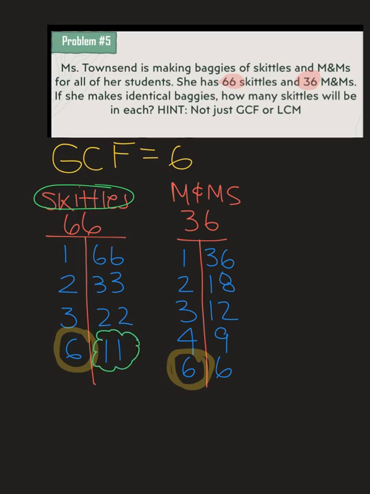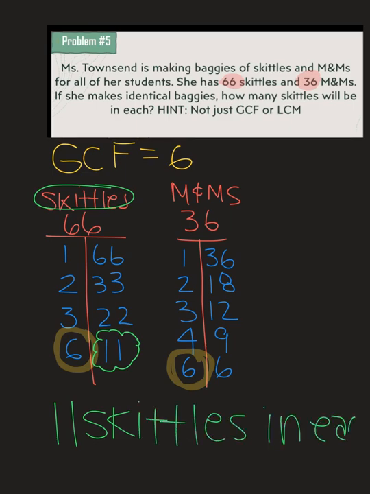And when we look at it, we'll see the number 11. So what does 11 mean? 11 tells us that in each bag, there's 6 total baggies, there will be 11 Skittles in each. And that would be our final answer.